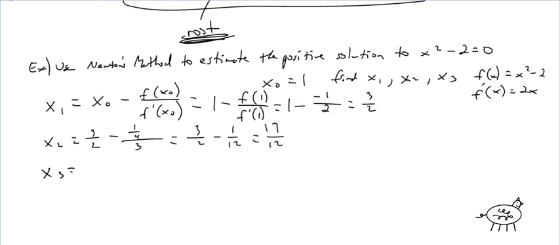x sub 3 is equal to x sub 2, the one previous, 17/12, minus f of 17/12, which is 1 over 144, over 17/12 times 2, which is 17 over 6.